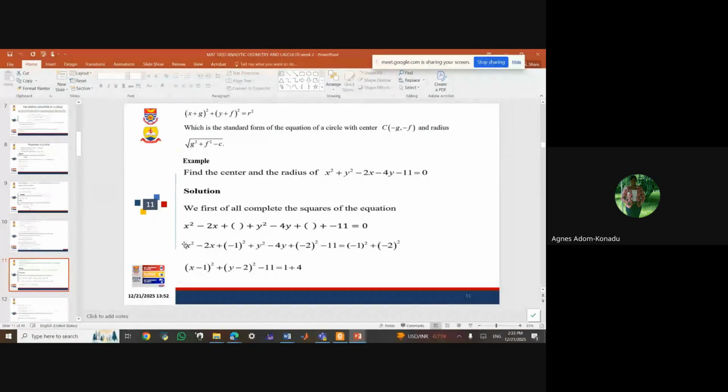Then I simplify. x squared minus 2x plus (-1) squared can be written as (x minus 1) all squared plus, and then this expression here, y squared minus 4y plus (-2) squared can be written as (y minus 2) all squared. And I still have my minus. (-1) squared is 1, (-2) squared is 4.